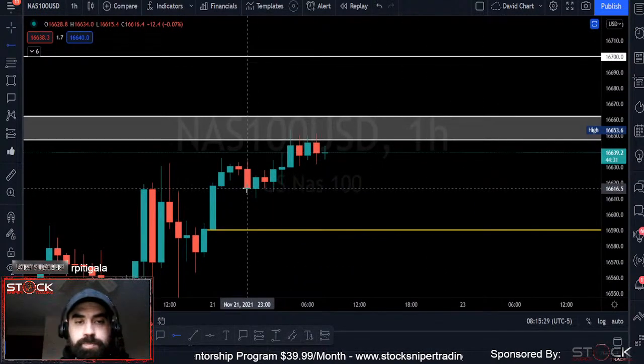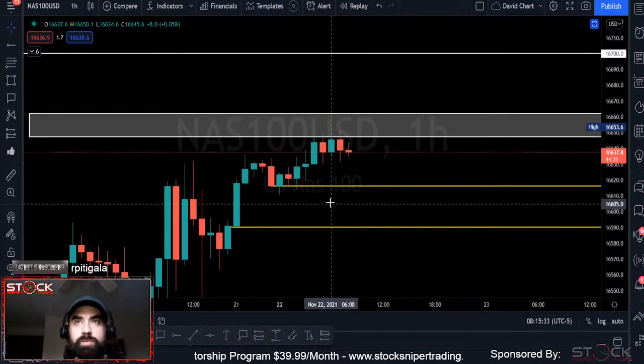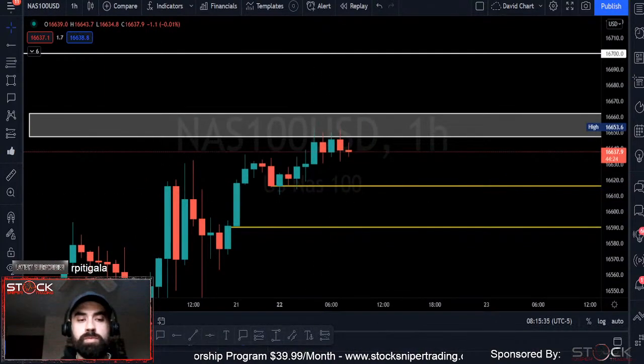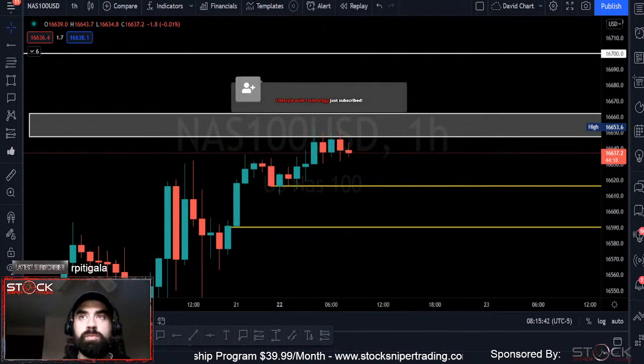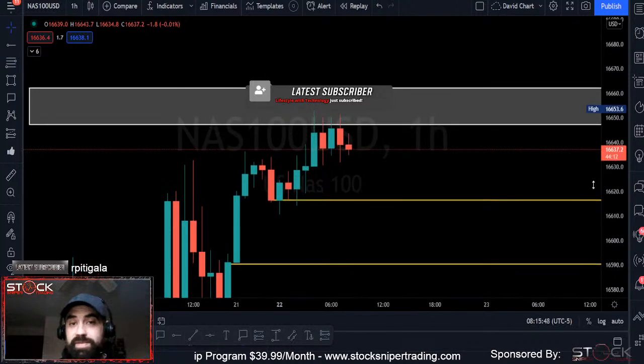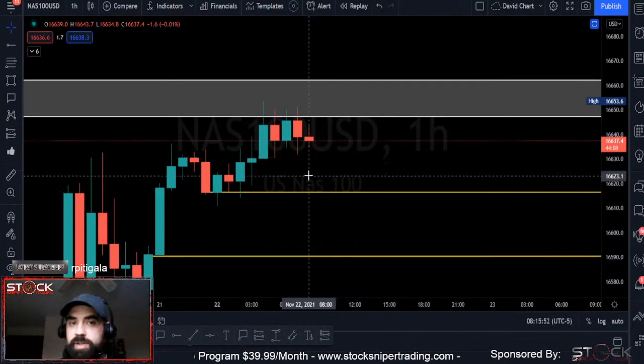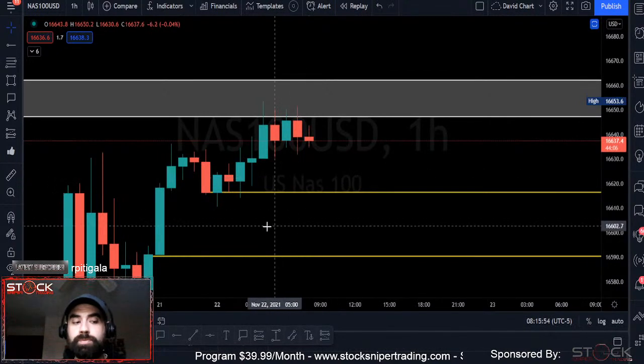All right. Guys, if NASDAQ is not going to break up here, this is at the high. This could be where the retracement starts to come. Okay.